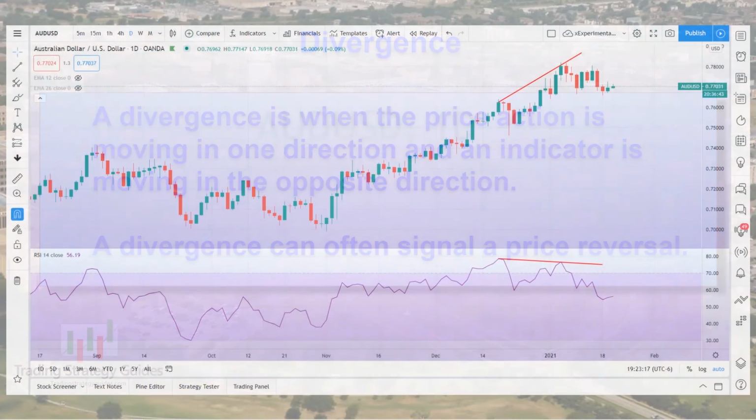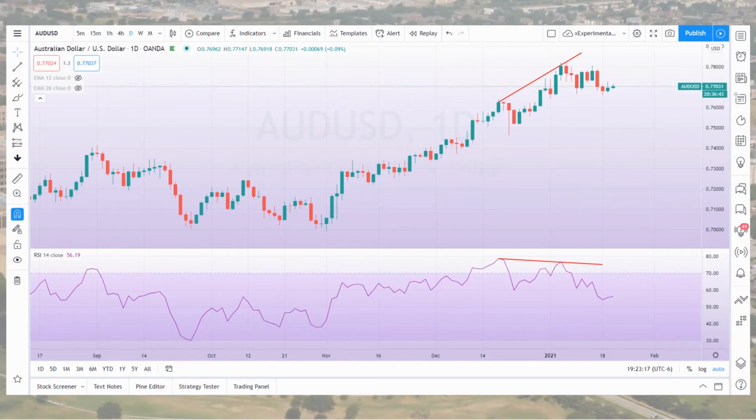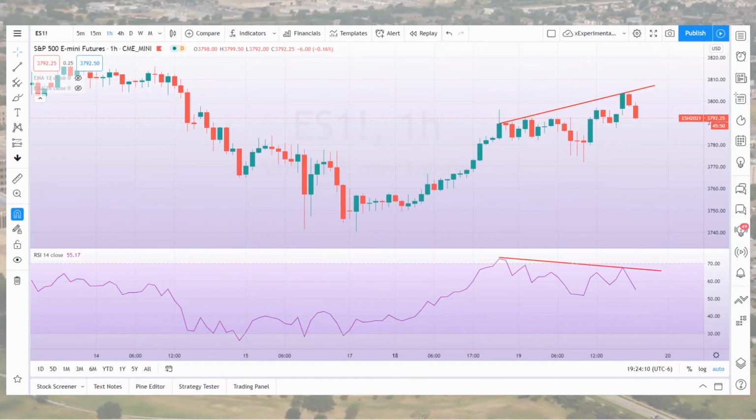Here's an example of the daily Australian dollar-US dollar Forex pair. The price action is making higher highs and higher lows, while the RSI indicator is making lower highs. The price hasn't turned quite yet, but it's safe to anticipate a larger pullback or reversal. Here's another example on a 1-hour S&P 500 chart.